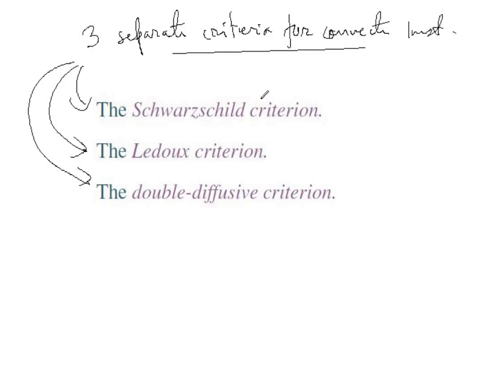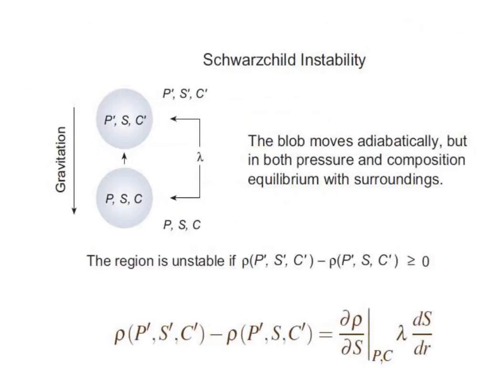Okay, and what are the 3 separate criteria? The first one is the Schwarzschild criterion, next is Ledoux, followed by the double diffusion criterion. Okay, now let us talk about the Schwarzschild criterion, or Schwarzschild instability, first.